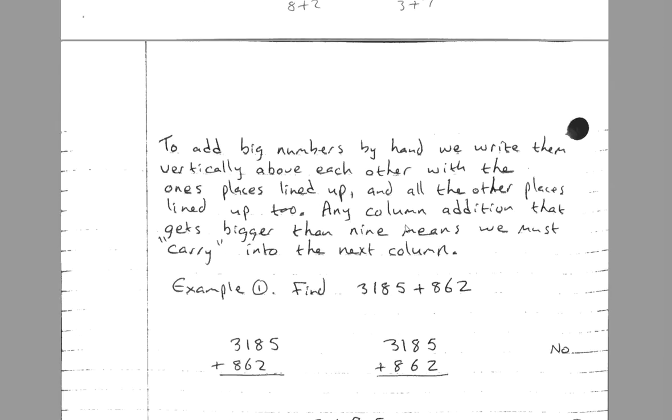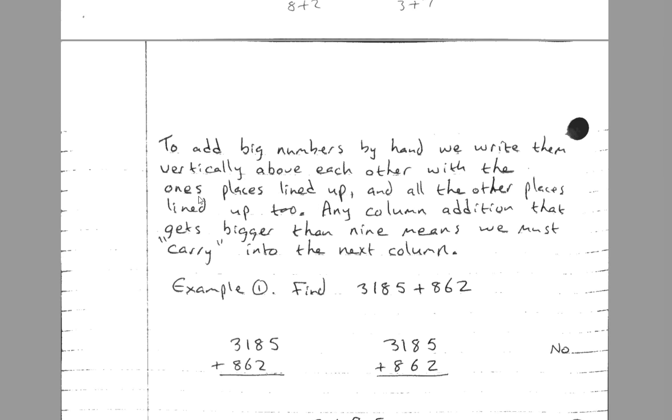Alright, so you can use the number line to add small numbers, but for bigger numbers, I don't recommend the number line. So for big multi-digit numbers, list them vertically, but the important thing is make sure you line up corresponding digits.